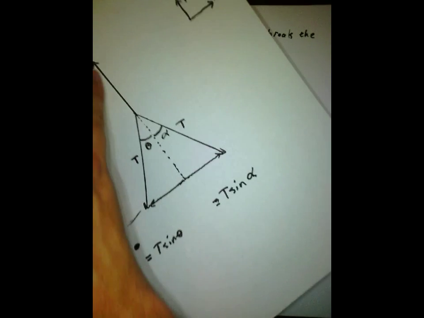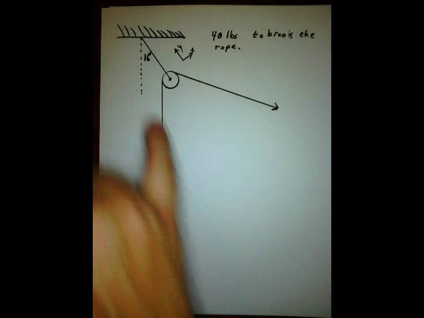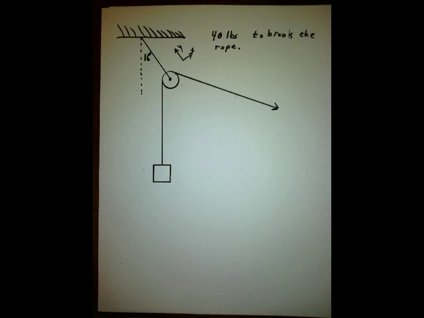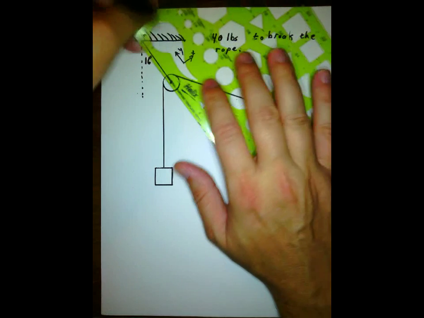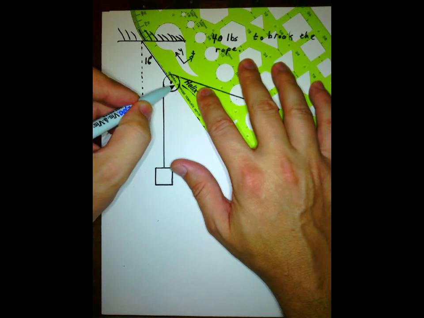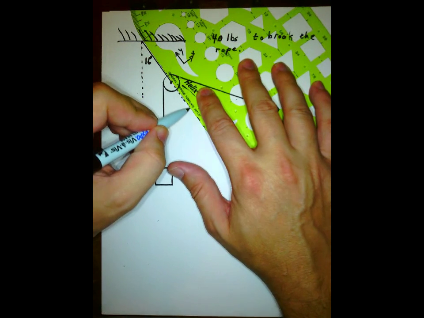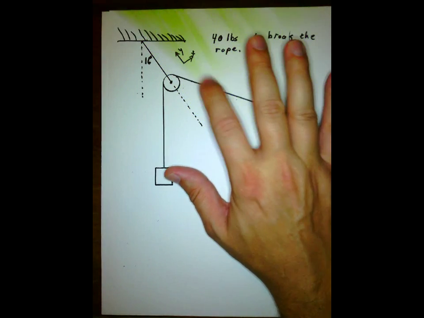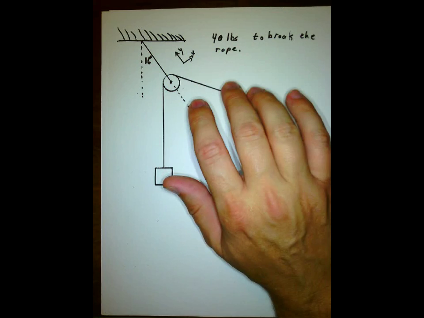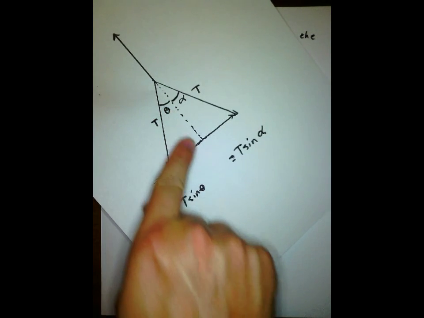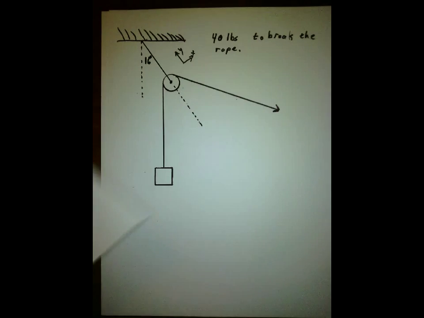So this vector and this line of action are along this rope right here. So let's extend this line of action for the rope. Alright, so this dotted line is essentially the same as this dotted line that I drew down the middle here.